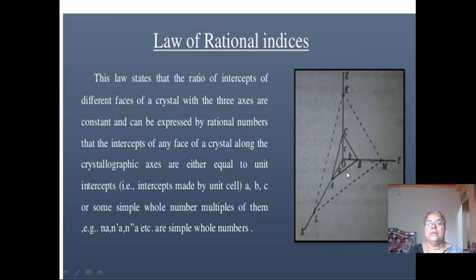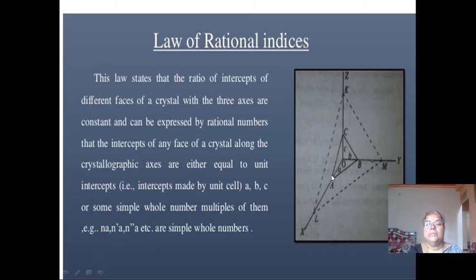Suppose this distance from the origin O to A is a, the distance from O to B is b, and the distance from O to C is c. That means the intercepts made by the unit cell are a, b, c, or some simple whole number multiples of them.